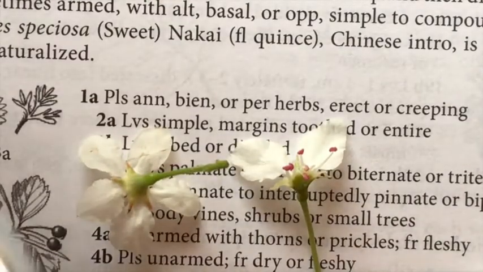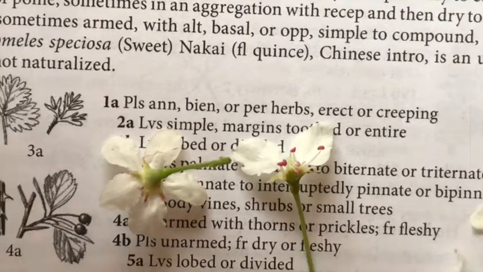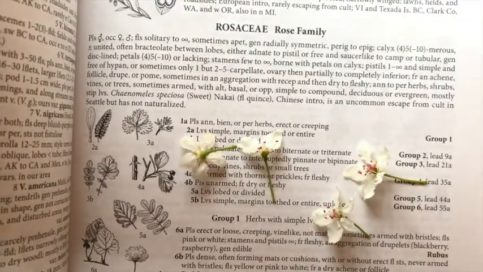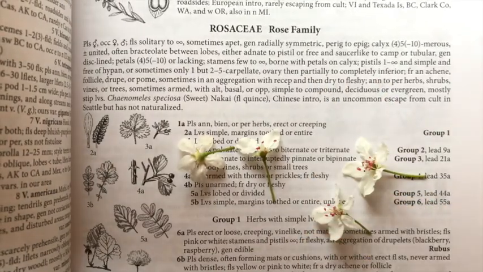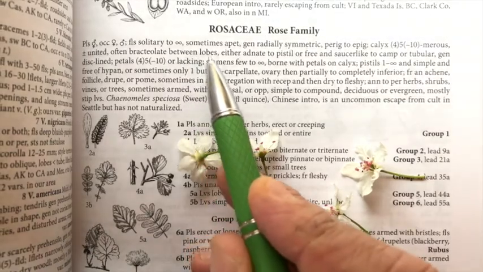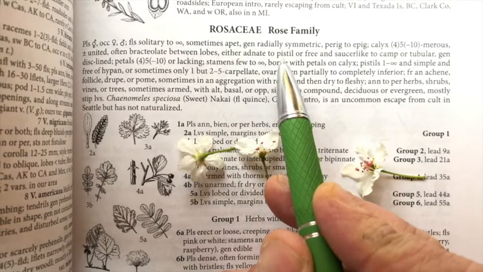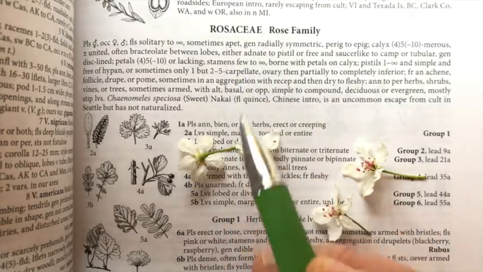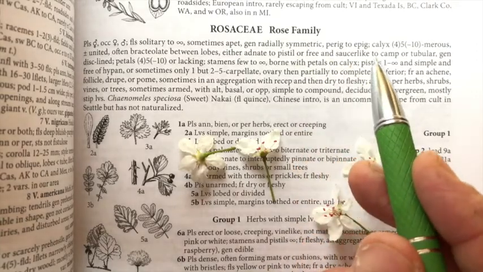So when we zoom in, you can see that the calyx lobes, or our sepals, are all united. Often bracteolate between lobes, so there can be tiny little bracts between the lobes. Either adnate to pistil, meaning it's all unified into kind of a dish, or free and saucer-like.